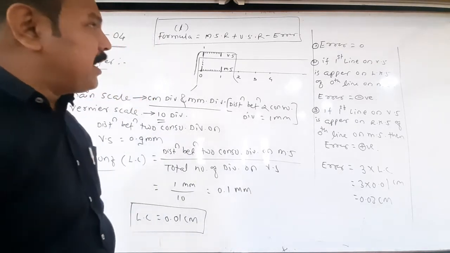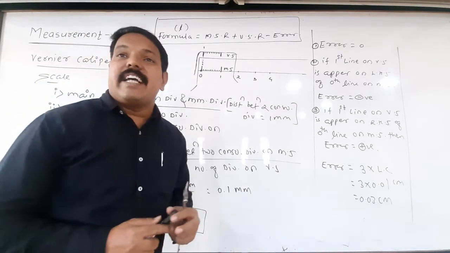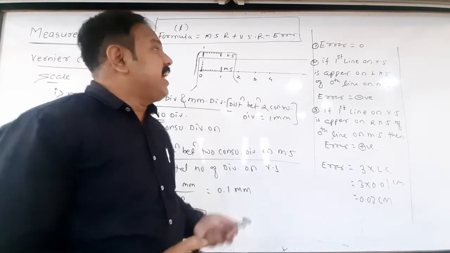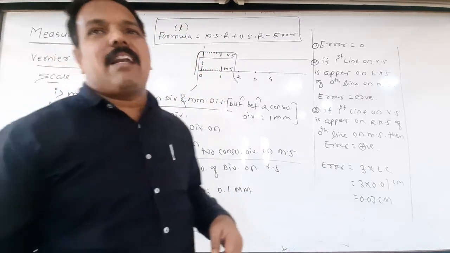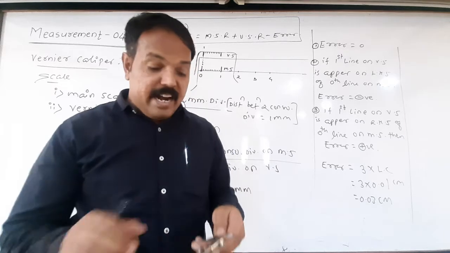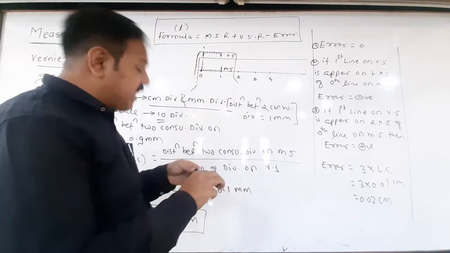So the question arises, what exactly is the main scale reading, what exactly is the vernier scale reading, and what is error? Error we have already calculated. Now let us see what is MSR, main scale reading, and what is the vernier scale reading.